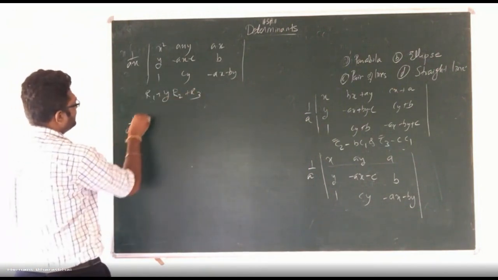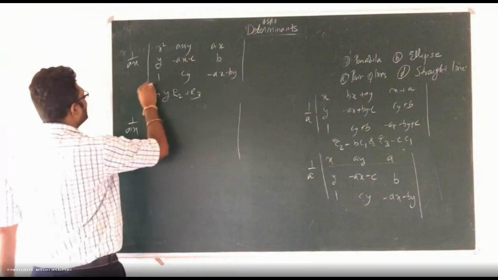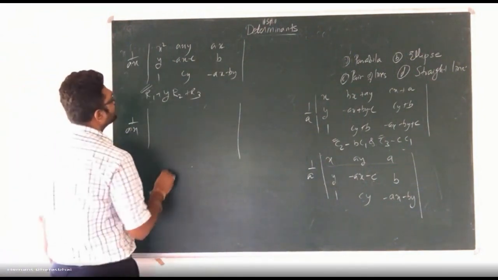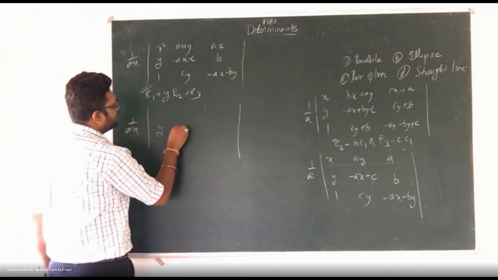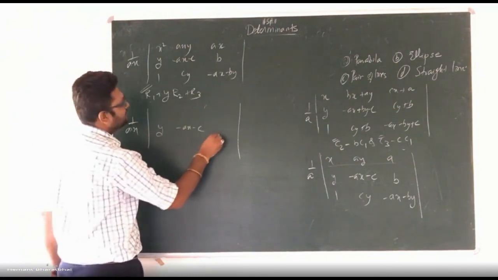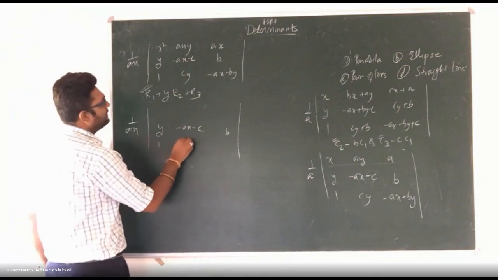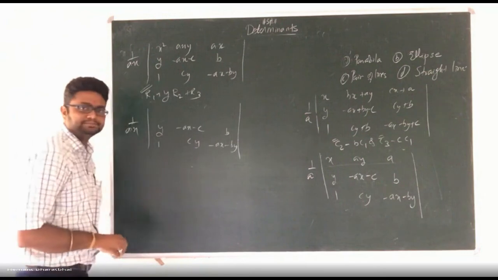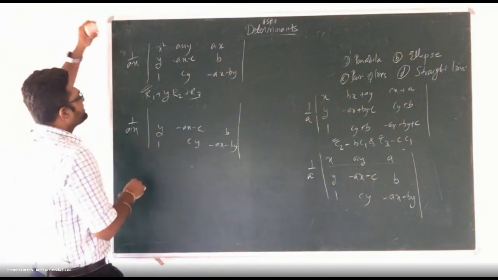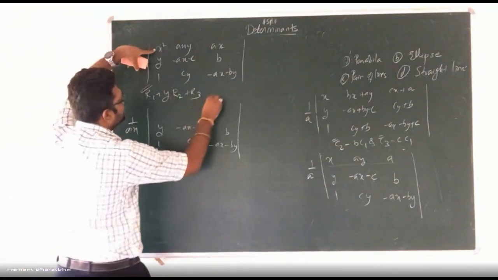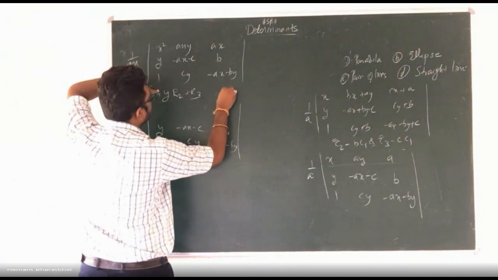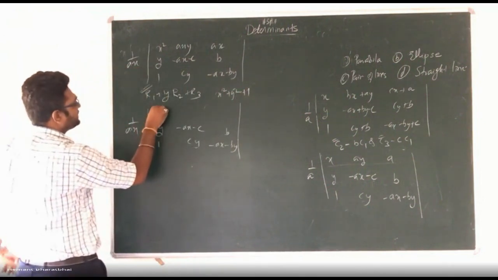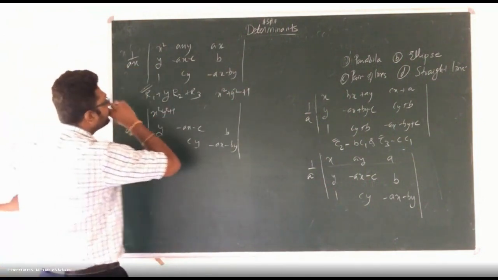Okay, so 1 upon ax. Whatever transformations I'm doing are in row 1, so row 2 and row 3 stay as they are: y, minus ax minus c, b, 1, cy, minus ax minus by. Now this will become x square plus y square plus 1.